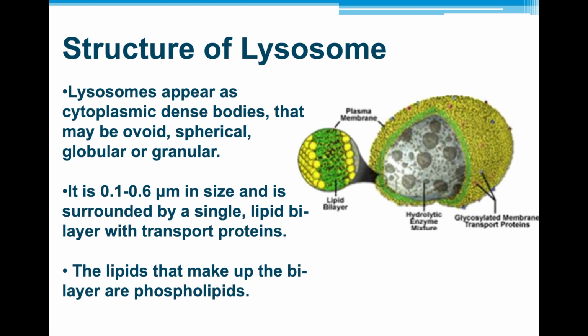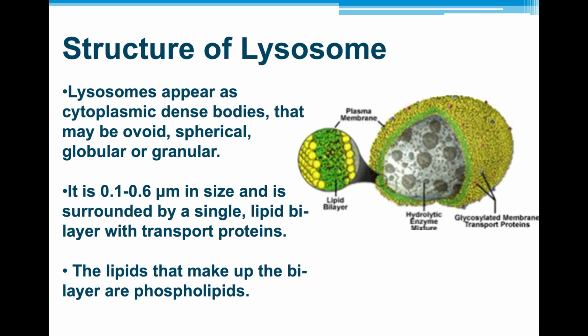As we know, lysosomes are membrane-bound organelles and the area within the membrane is called the lumen, which contains the hydrolytic enzymes and the other cellular debris. The pH level of the lumen lies between 4.5 and 5.0, which makes it quite acidic.